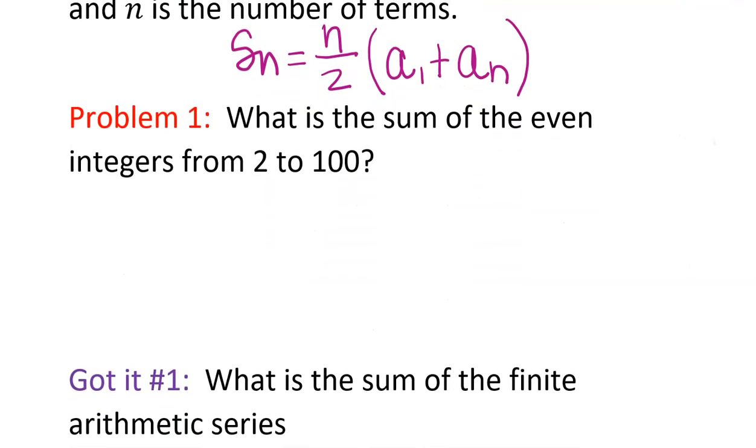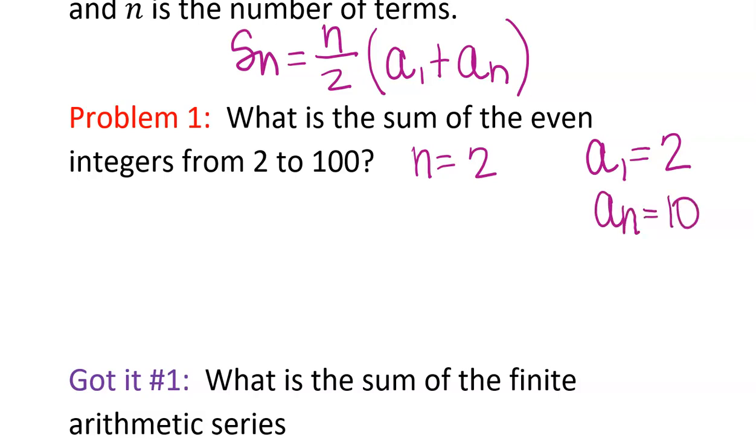What is the sum of the even integers from 2 to 100? So first of all, let's look and see how many terms we have. We need to find that out. We also need to find out what the first term is, and we know that for sure is 2. We know that the last term is 100, so A sub n equals 100.